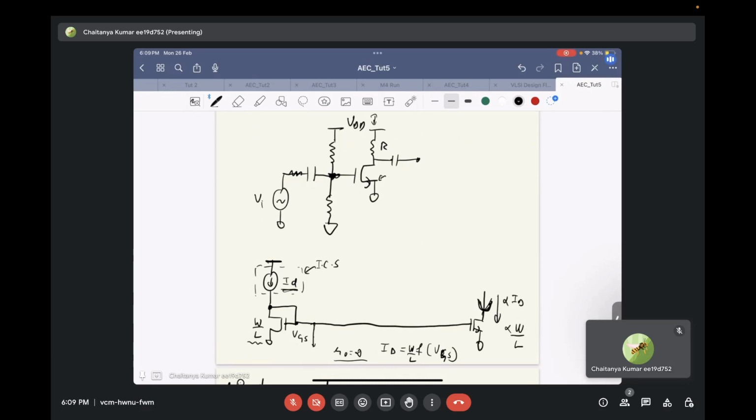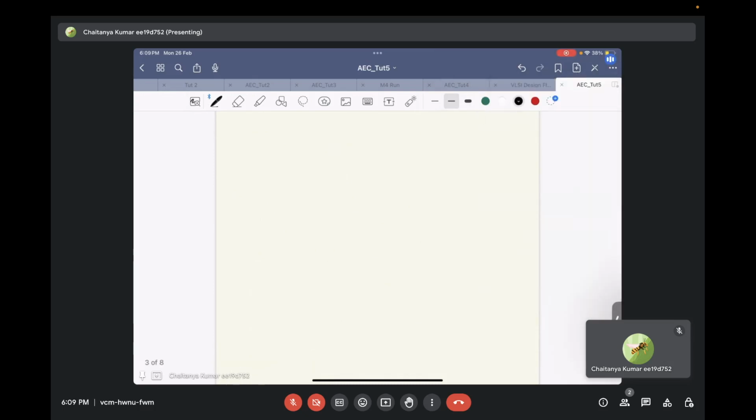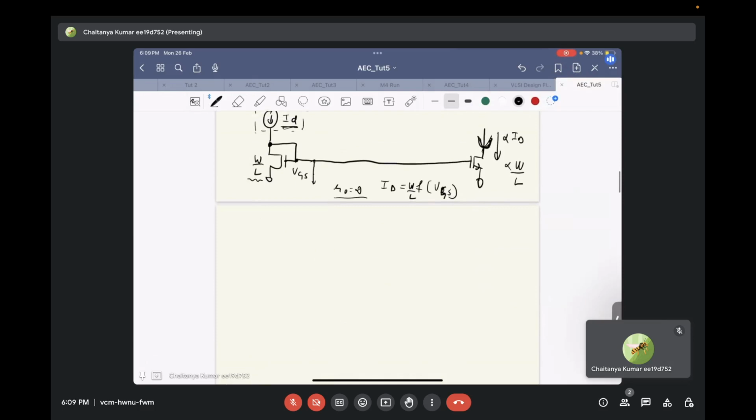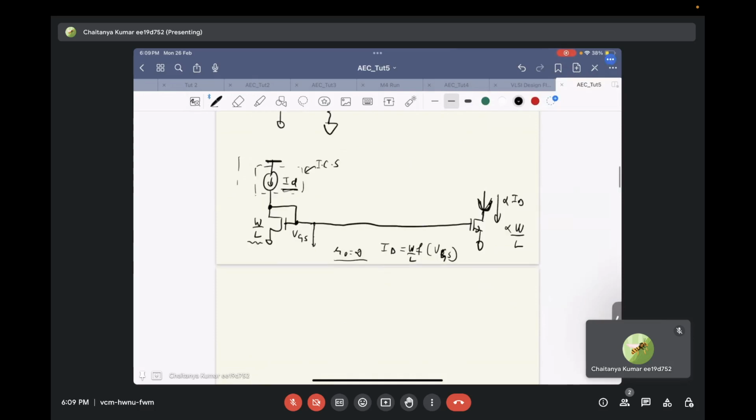So how do we use this technique to bias our common source transistor? What we do is the following. We know that we have generated a VGS. This basically behaves as just a smart battery, which can adjust the output voltage in order to keep the current in the transistors across the chip constant.